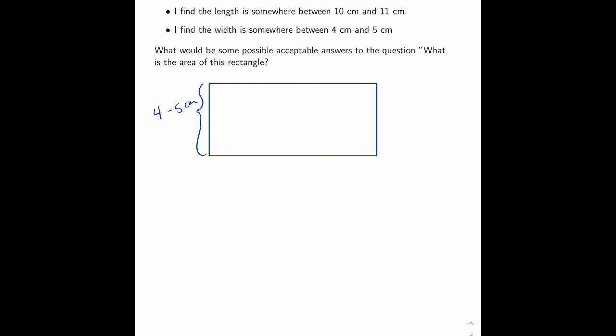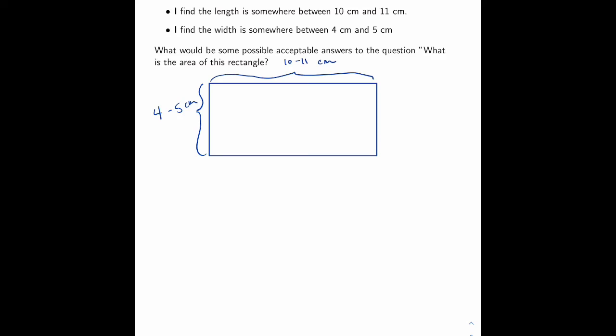So I have a rectangle, and my short side is somewhere between 4 and 5 centimeters, and my long side is somewhere between 10 and 11 centimeters.